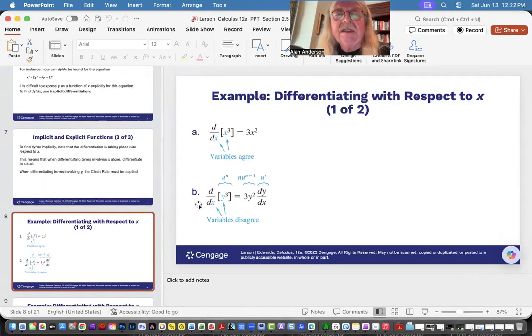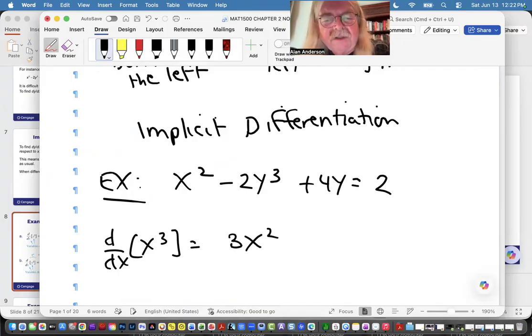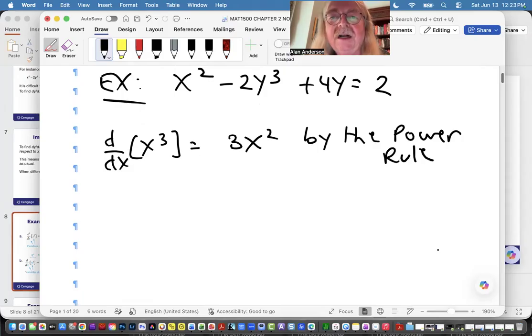All right, well, here are some simple examples we can do first. If we have a very simple case of, let's say, x cubed, we can use our old friend, the power rule, and we're all set. As a matter of fact, that gives me an excuse to do a quick review of some of the more important rules that we've seen so far.